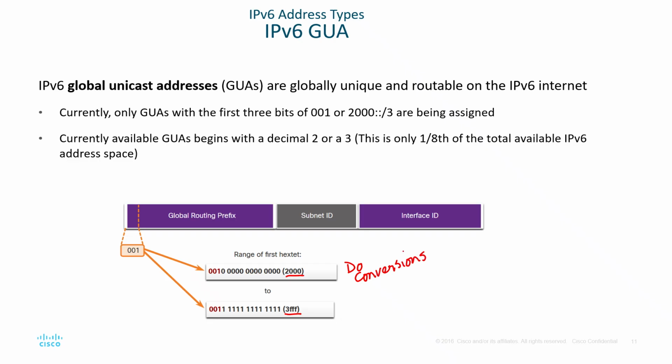Okay? You do your conversions. If I take my 4 bits down, right? What does my bit become?